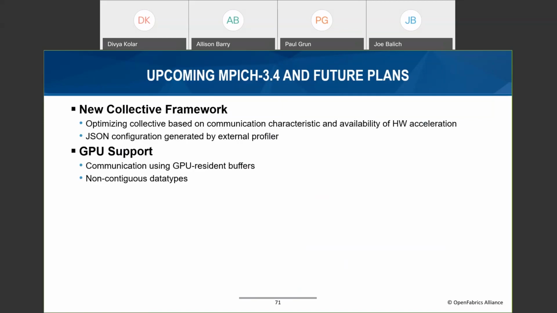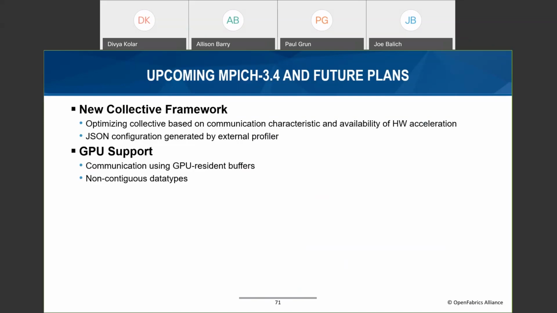And next, the second part is GPU support. Because all the future machines are going to have GPUs, this is a big push from our side to make MPICH support GPUs. A lot of this native support actually comes from Libfabric, so we're relying on native support from Libfabric in that sense.